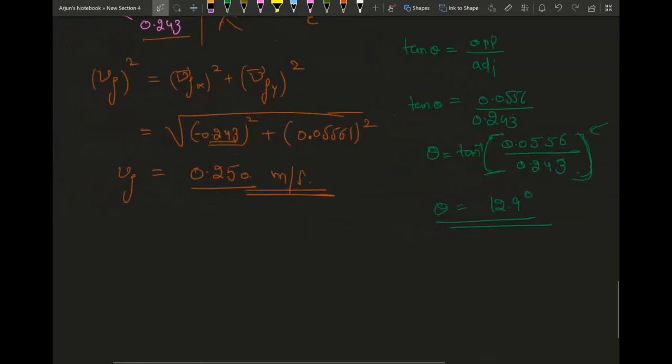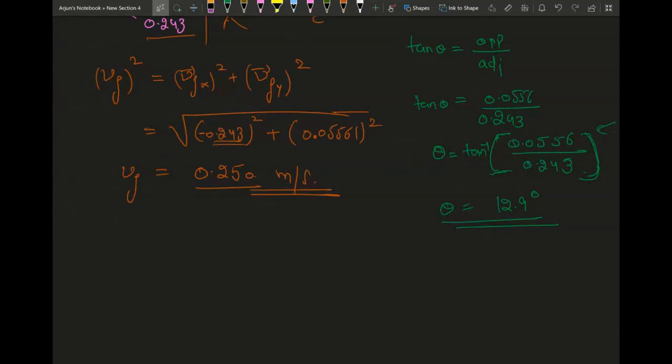That's the angle. So final velocity, this value will be equal to v final is equal to 0.250 at an angle of 12.9 degrees.